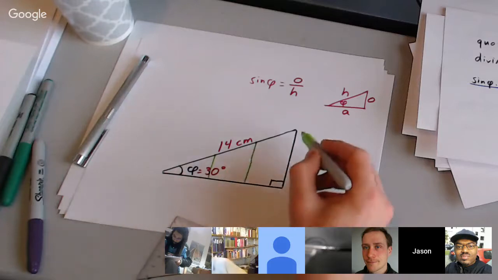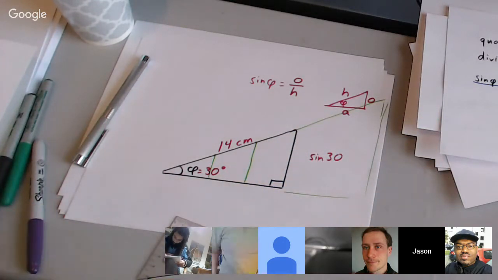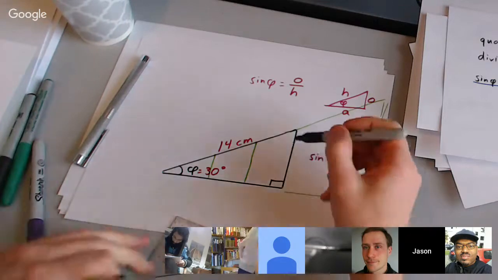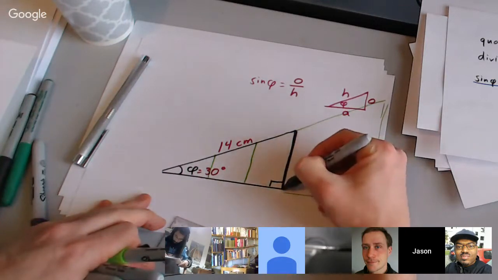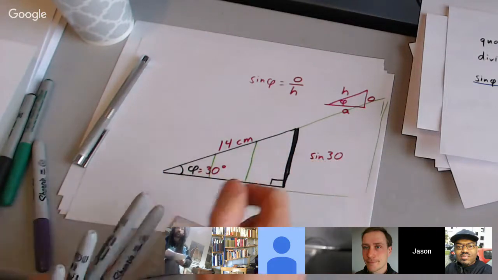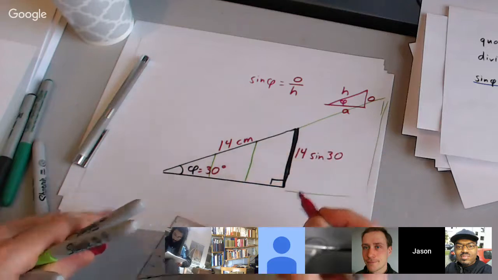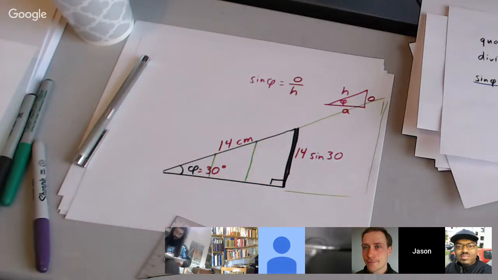If I drew it way out, that would still be 30 degrees. So if I want to know specifically what's the length of this side on this triangle, not some other one, it's not just the sine of 30 degrees, it's the hypotenuse times the sine of 30 degrees. Aha.